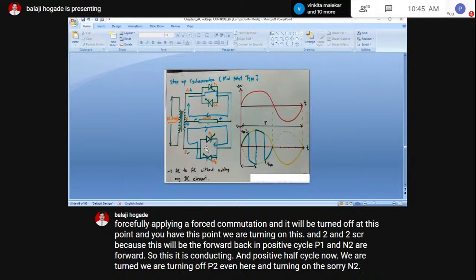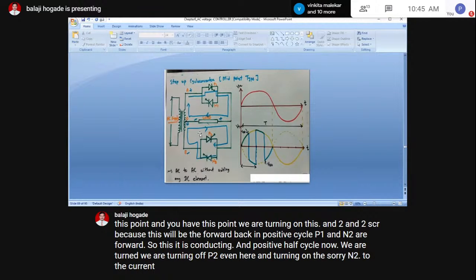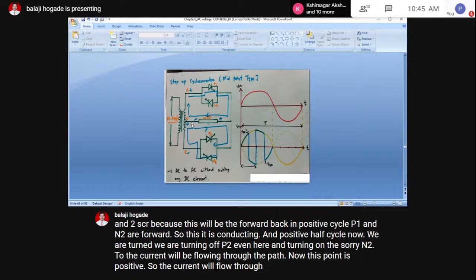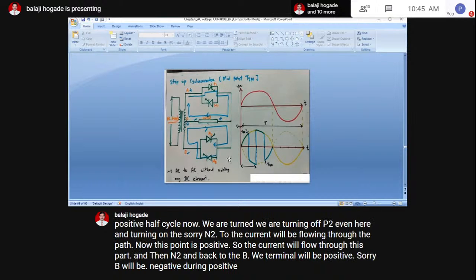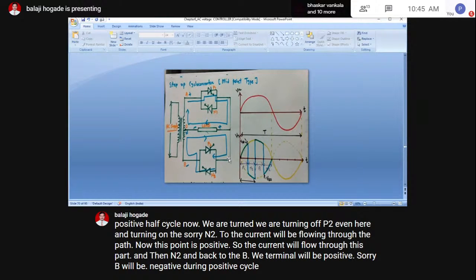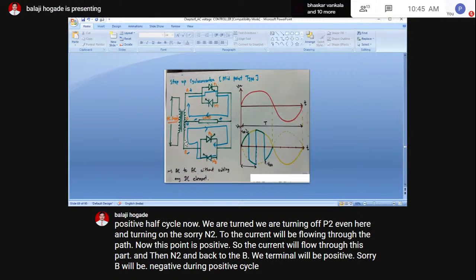So the current will flow through the path. Now this point is positive, so the current will flow through this path, then N2 and back to B. B will be negative during the positive half cycle. So the current will be flowing through this path.